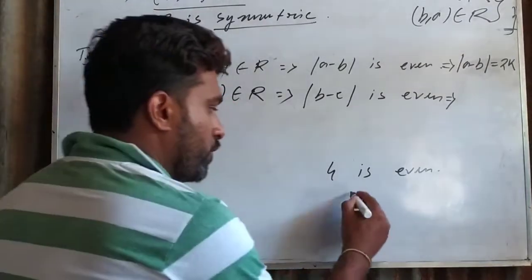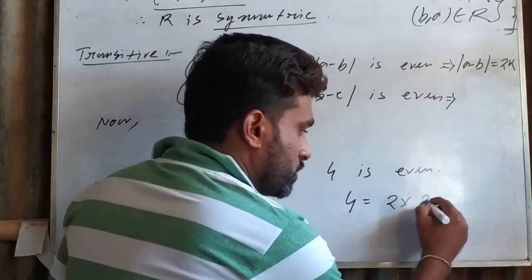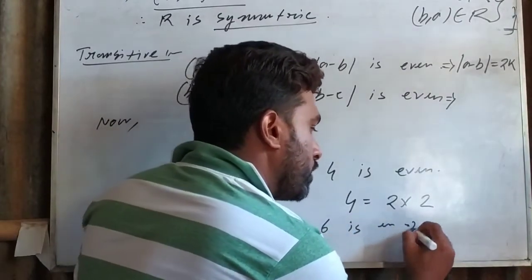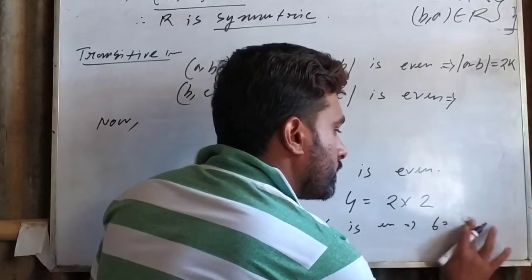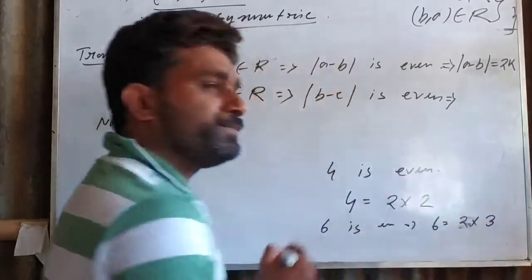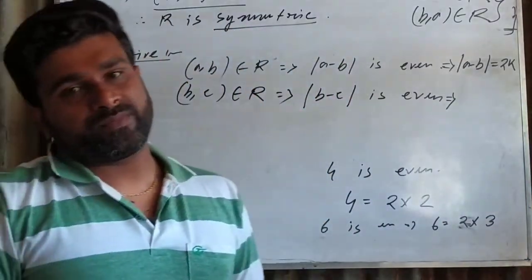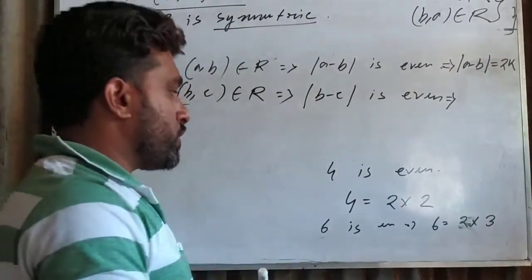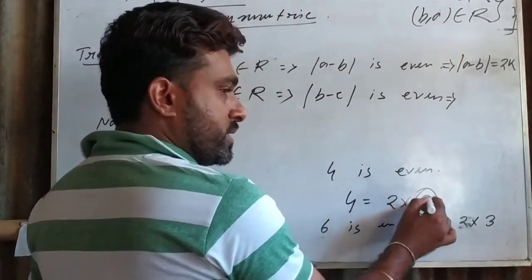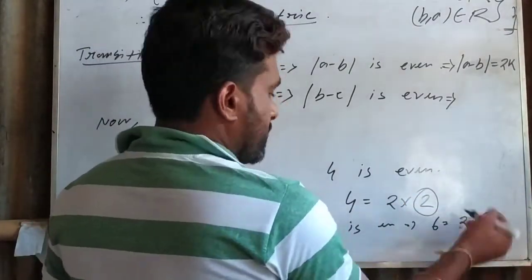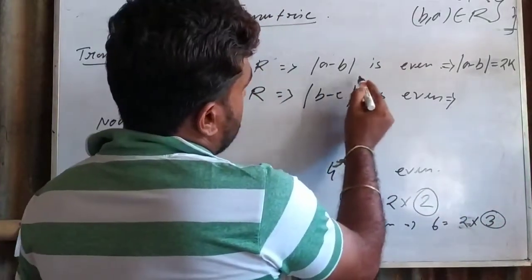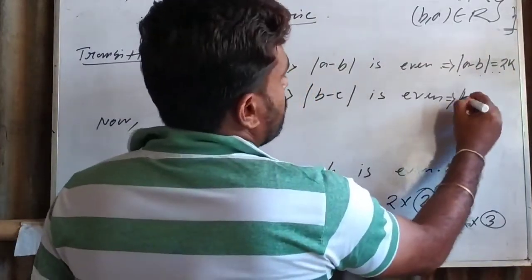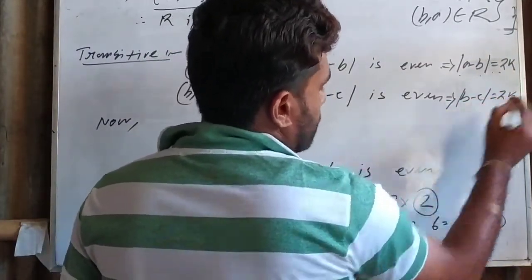So that means this 4 can be expressed as 2 into 2. 6 is an even number. So how can you express 6? 6 equals 2 into 3. That means any even number, whatever it is, can be expressed as a multiple of 2. So here you can see 2 into something, answer is 4. 2 into something, answer is 6. So here mod of a minus b is an even number, which means mod of a minus b equals 2 into something. Here also mod of b minus c equals 2 into something.